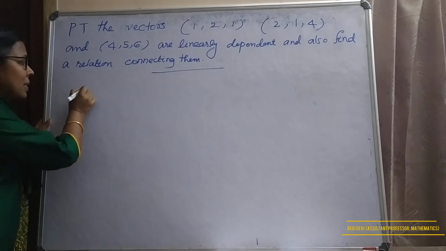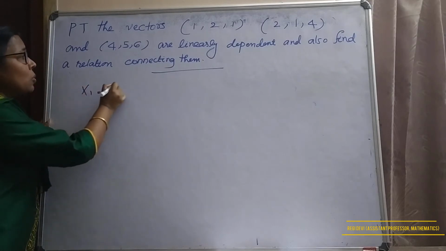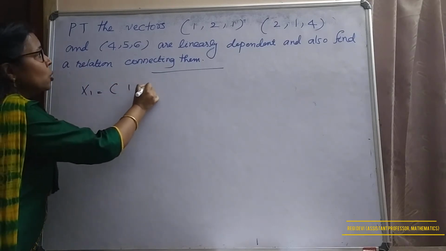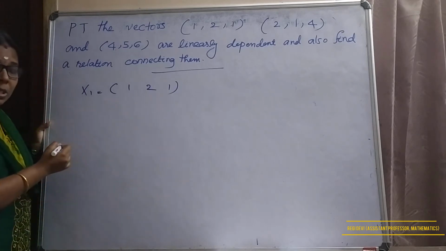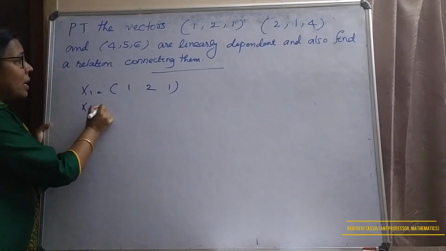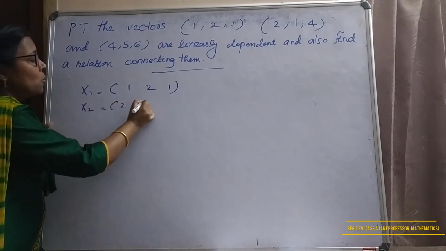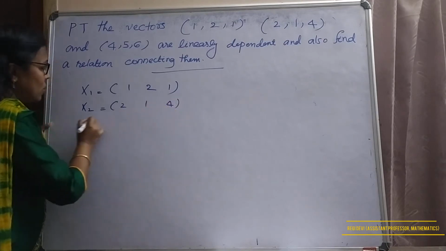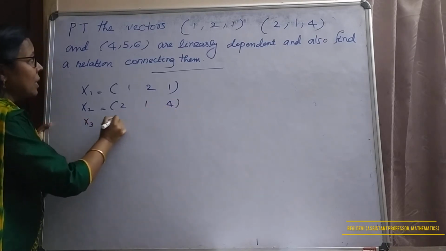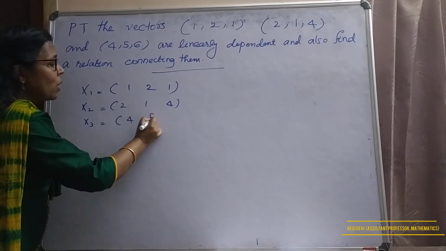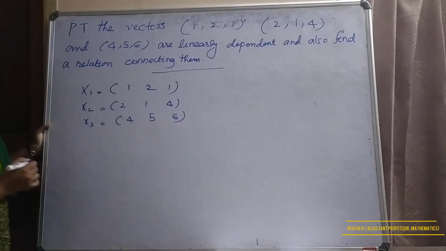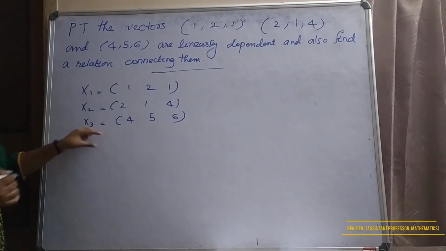Here first take x1 equal to (1, 2, 1), the first vector as x1. Second vector as x2, which is (2, 1, 4). Third vector as x3, which is (4, 5, 6). Then write it in the matrix form.